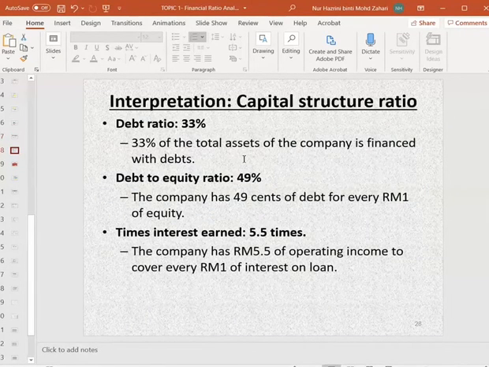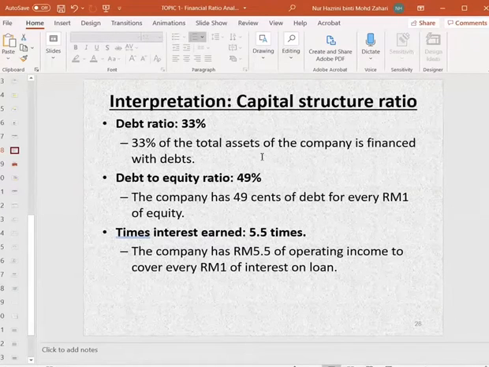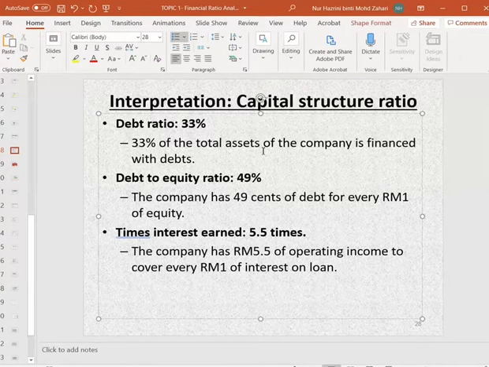So how to interpret these ratios? For the debt ratio, 33% means 33% of the total assets of the company is financed with debt. It means the balance is financed with equity.